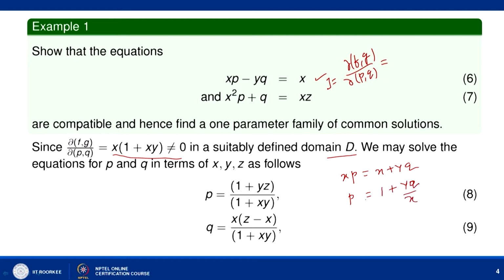Once we have p, we use equation 7 to get the value of q, and once we have q, we have the values of p and q like this. So let us see whether we are able to solve these equations or not.